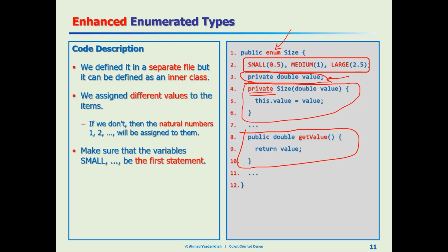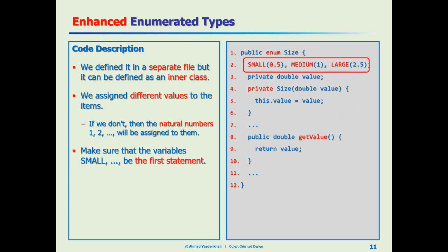And another point here is that you should put these guys at the beginning, otherwise you get an error. That's weird, I know, but it is what it is. And as I said, the constructor is private. I explained that. Okay, now let me show you how we can use this.